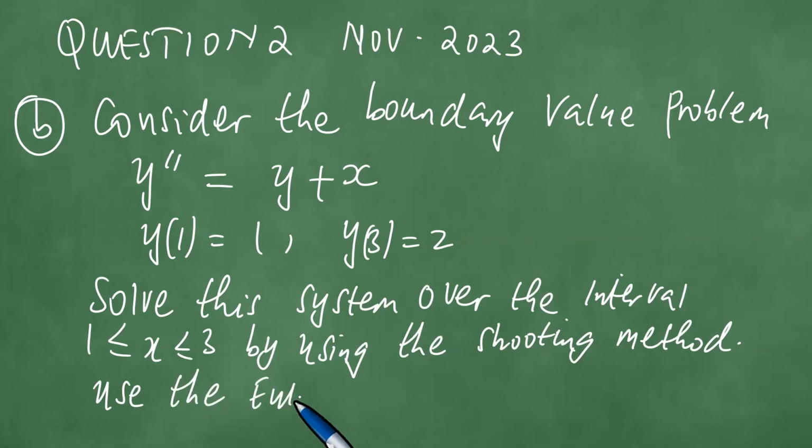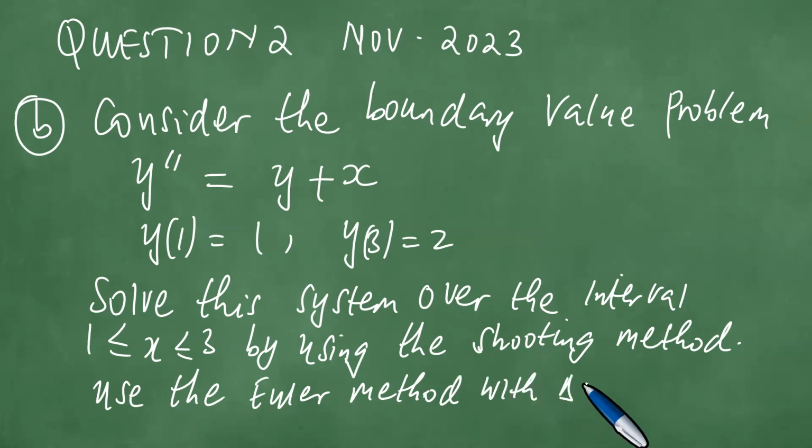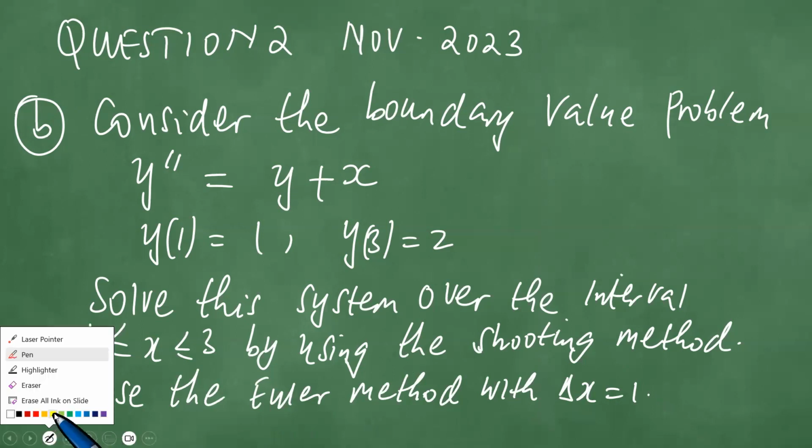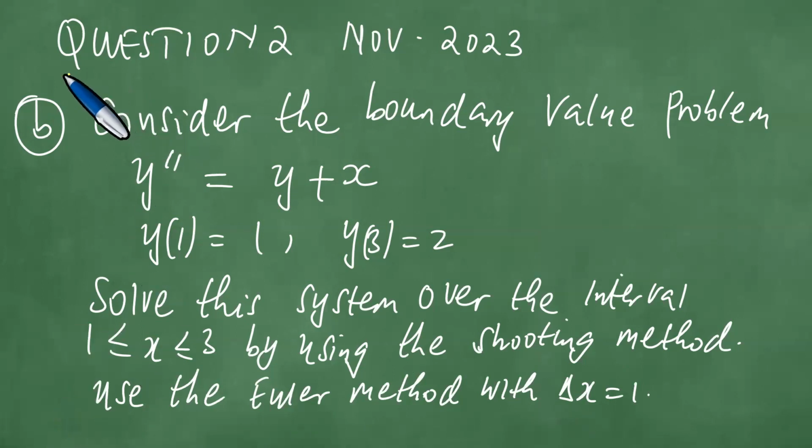It always goes with Euler or the Runge-Kutta of order 2, or any of those approximation methods, with delta x equal to 1.